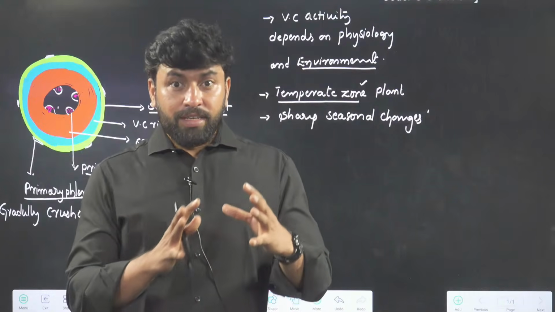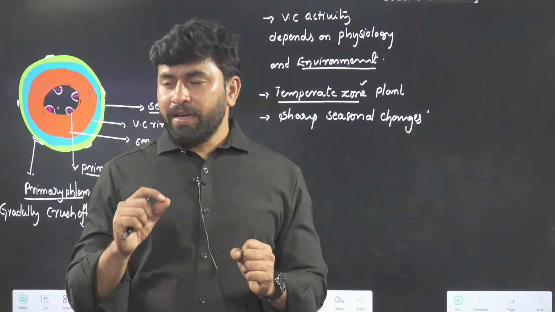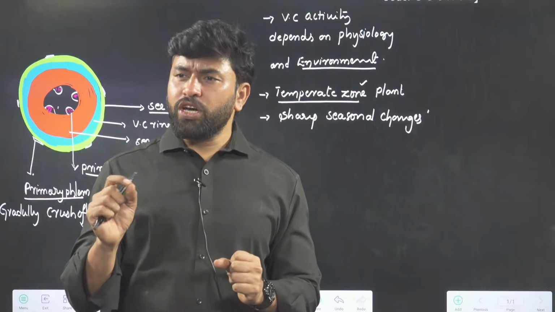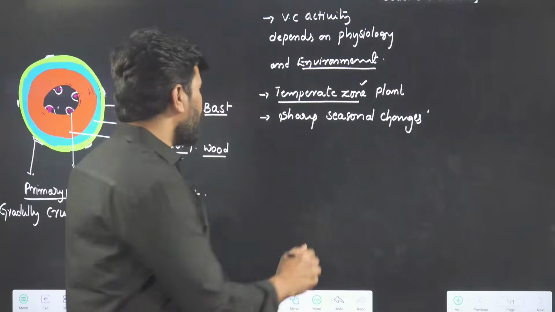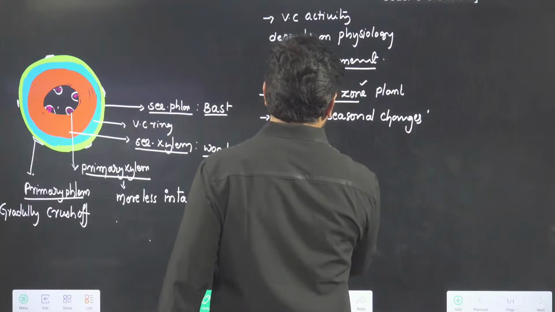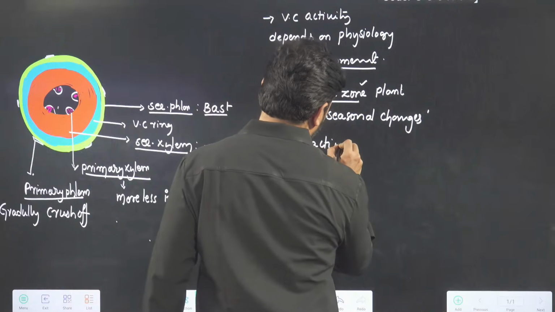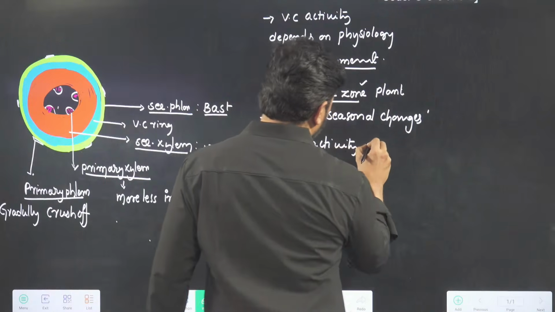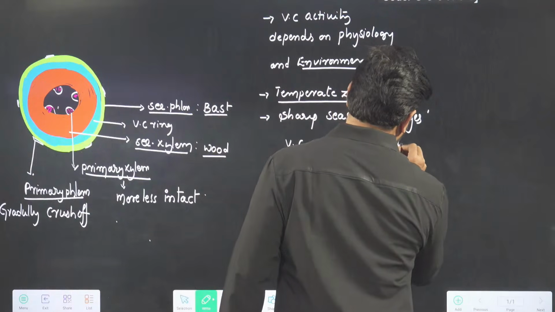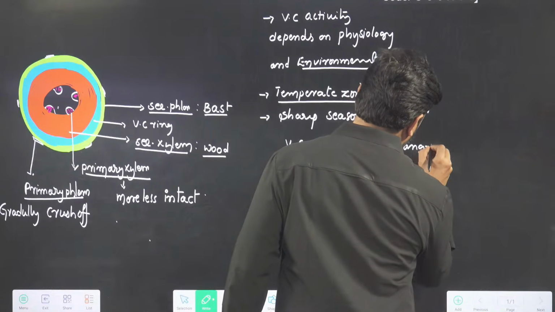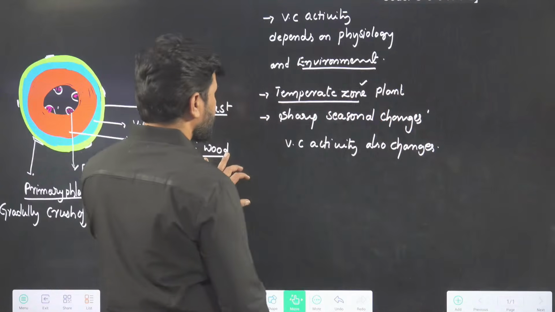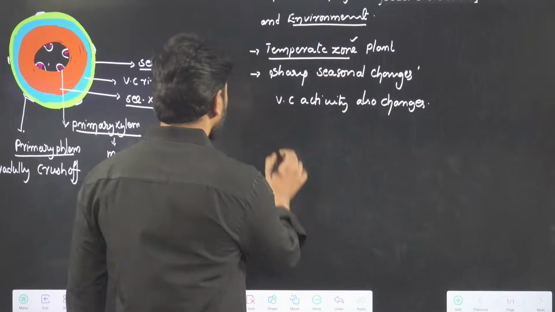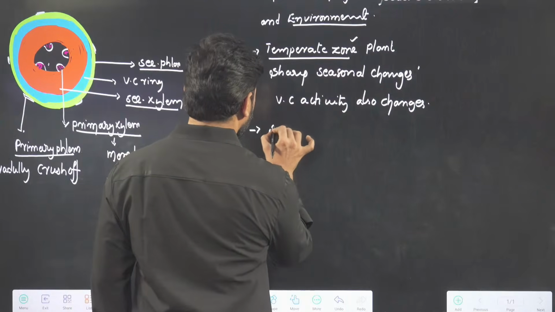Very good. In this criteria, in temperate zones, because of the sharp seasonal changes, vascular cambium activity also changes. How? First, I will talk about during spring season.